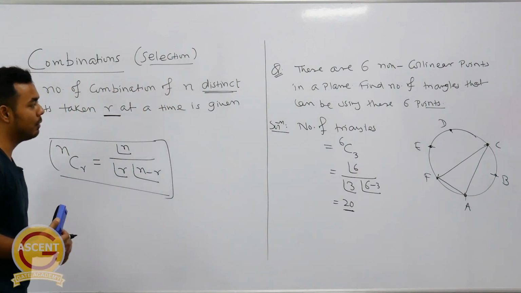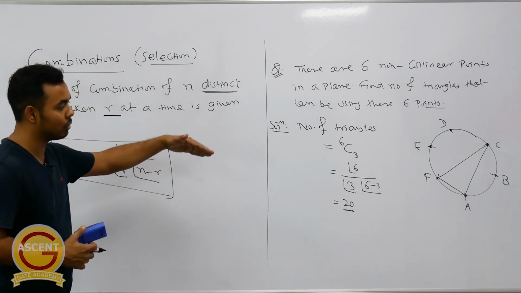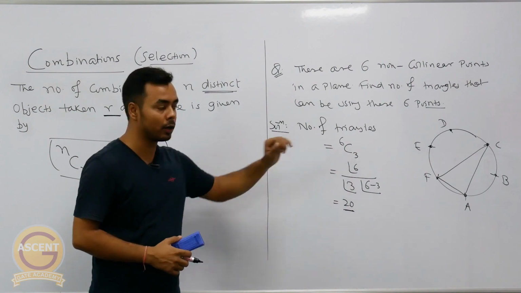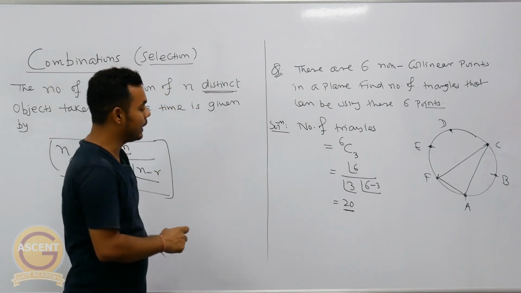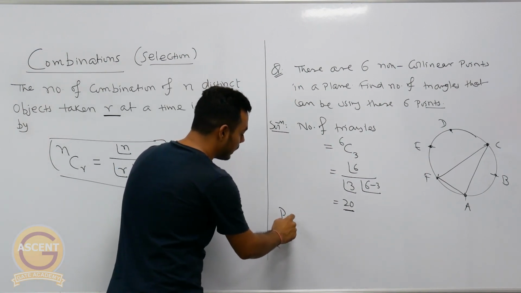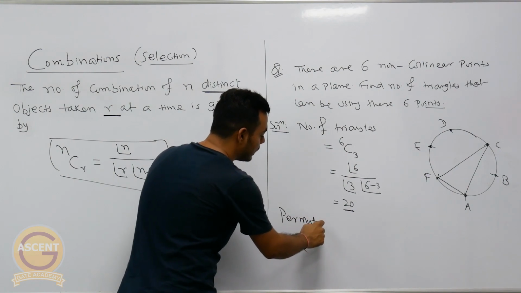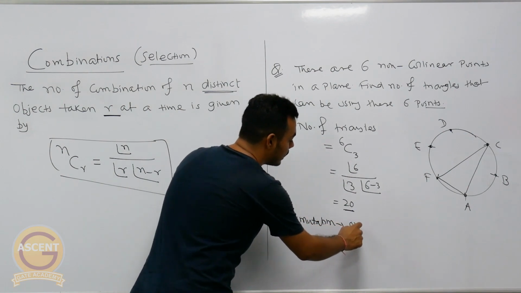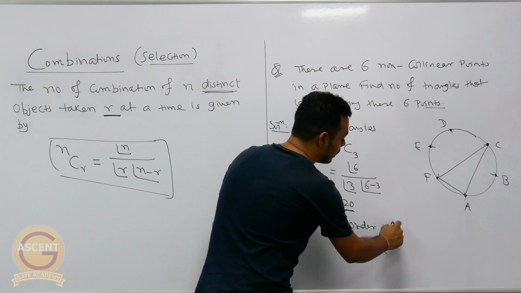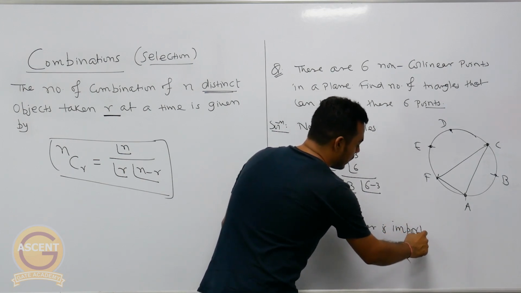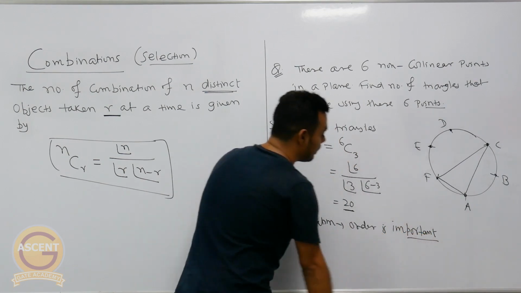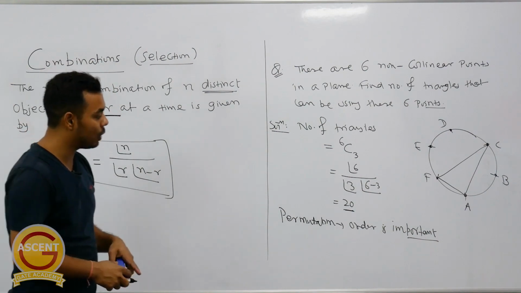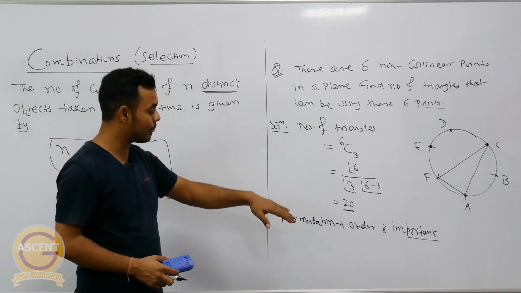Now see here why we are doing the selection and why we are using C and not P. The reason is that one of the basic differences between permutation and combination is that in case of permutation, order is important, meaning that the order in which we are doing the selection is important.